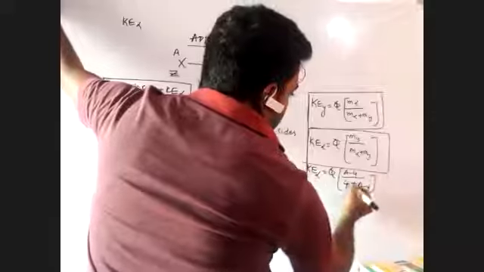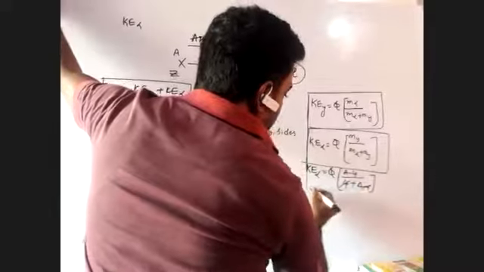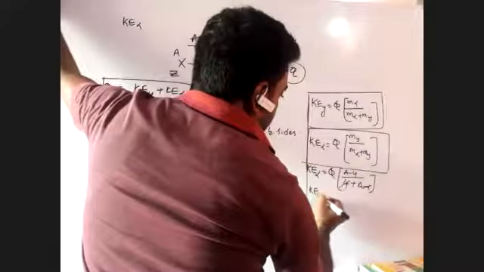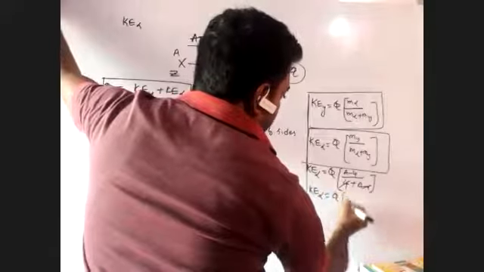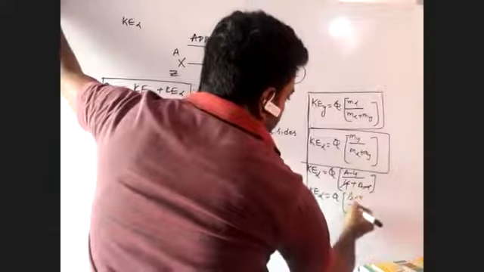Okay, so 4 gets cancelled. So what I am getting is the kinetic energy of the alpha particle is Q into A minus 4 by A.